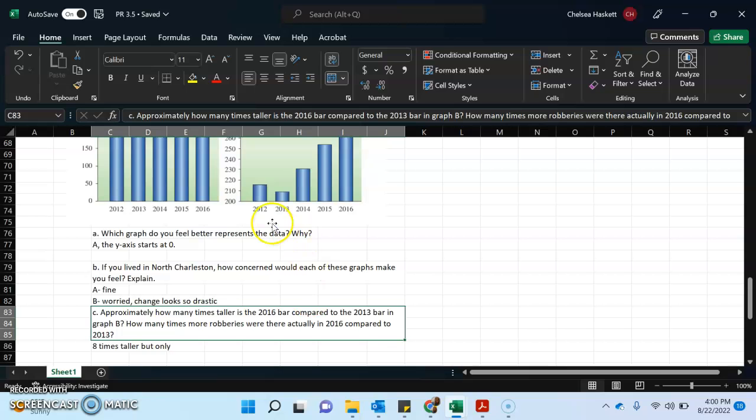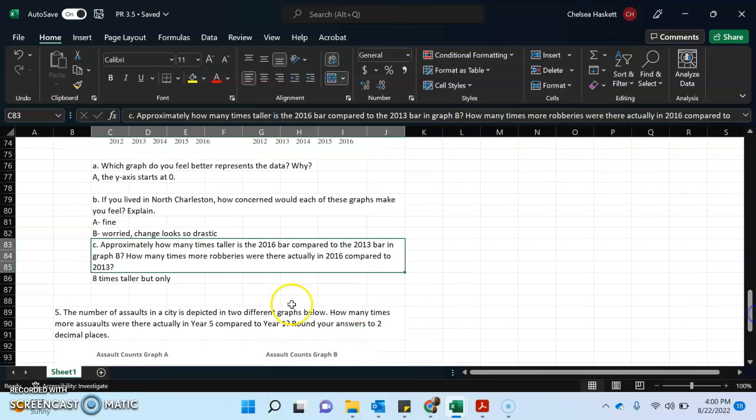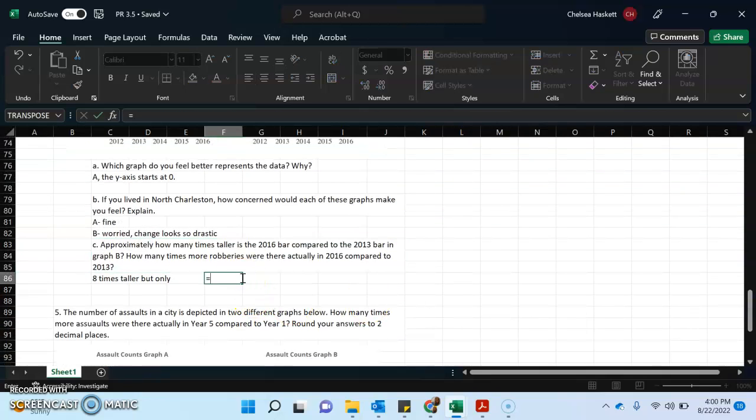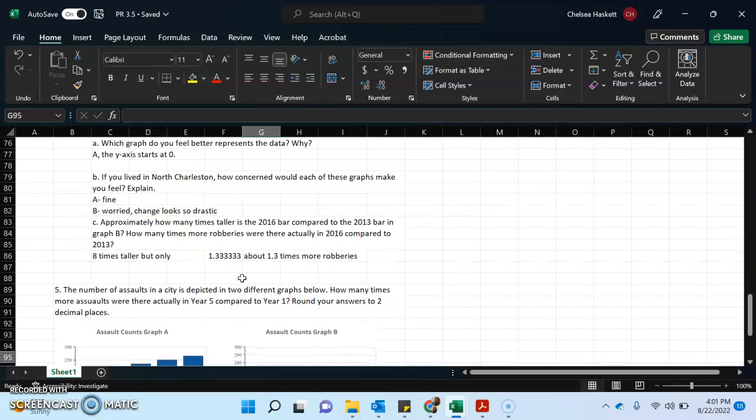This one is about 210, and this one would be about 280. So 280 divided by 210 gives about 1.3 times more. About 1.3 times more robberies are actually occurring, but in the graph it really looks like 8 times more. So that is a big problem.